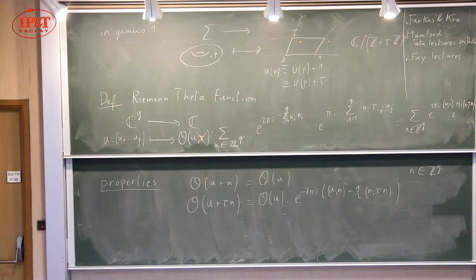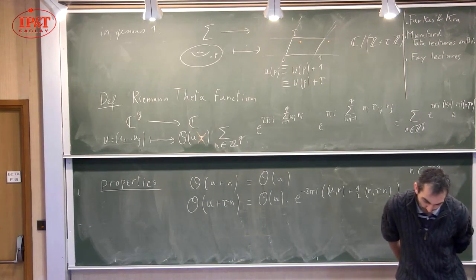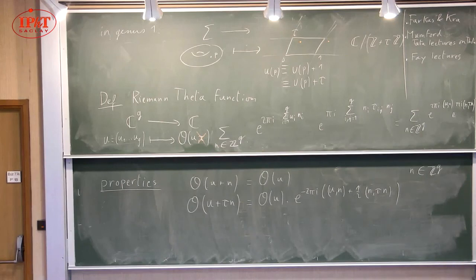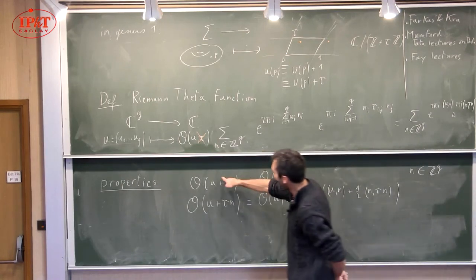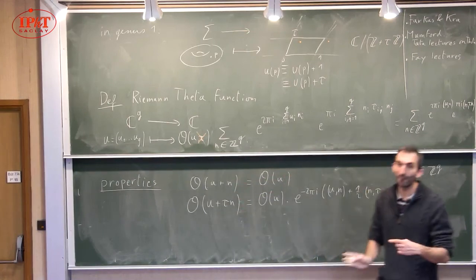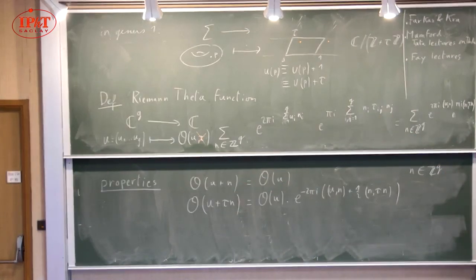So there is a phase. You pick up a phase when you go along integers, it's periodic, and in the tau direction it's not periodic, it's only quasi-periodic.